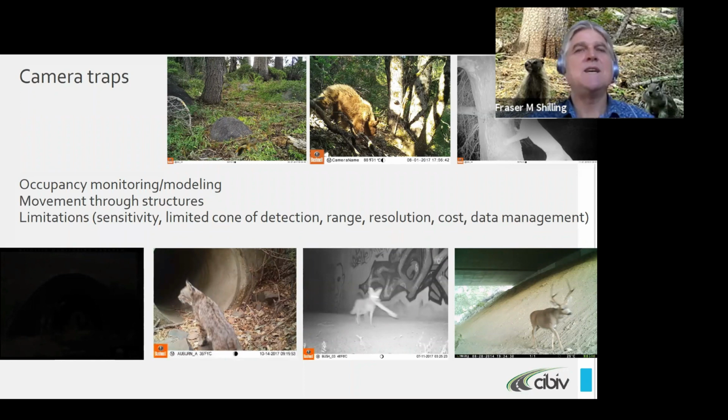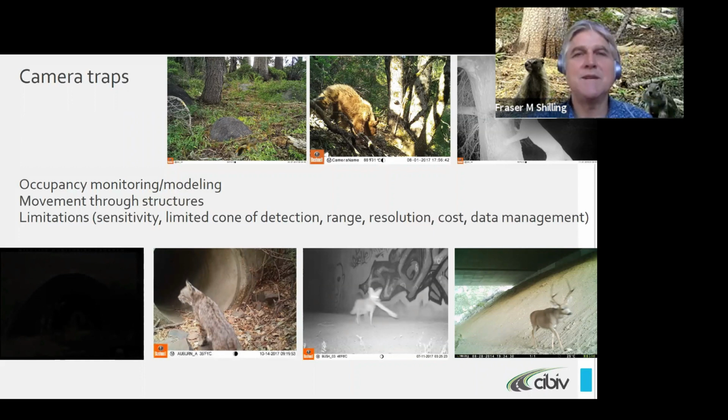There are several limitations to camera traps. The first is sensitivity. They have a range of sensitivities, but if you have a very small animal, then your use of camera traps is constrained by the size of the animal.